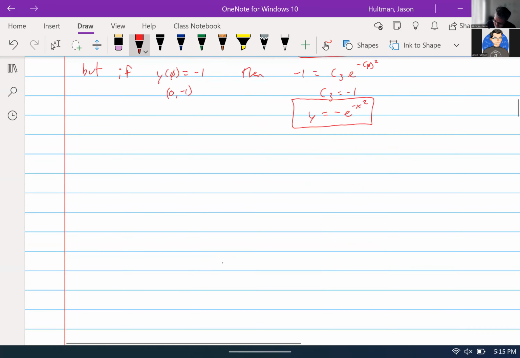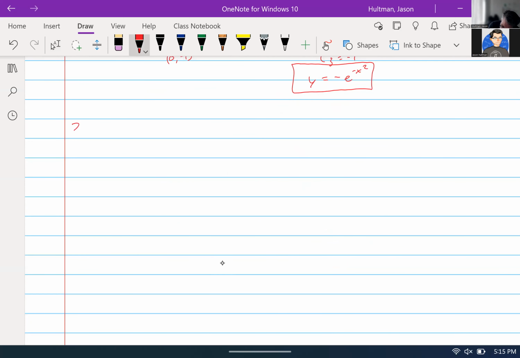And number 3. A hot metal bar whose temperature is 350 degrees Fahrenheit is placed in a room of 70 degrees Fahrenheit.